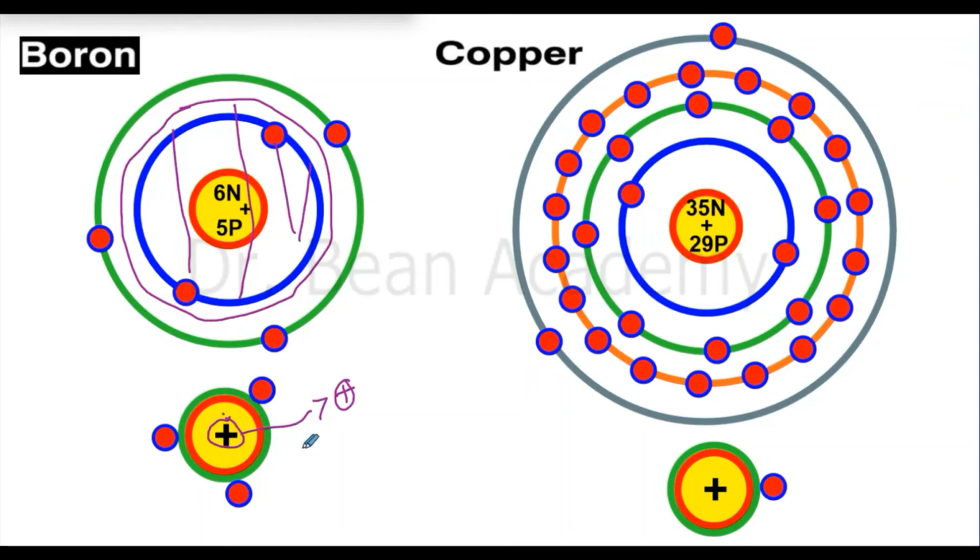And on the outside, I will only show the outermost shell, whatever it is, and the electrons in that shell. For example, boron has 3 electrons in the second shell, which is the valence shell. So I will only show the outermost shell, whatever it is. I don't need to mention whether it is second or third or fourth.